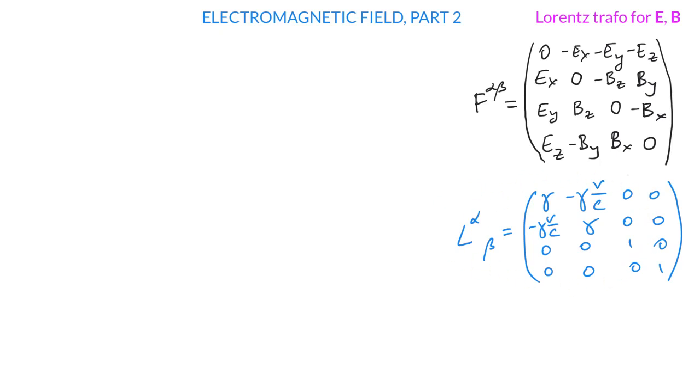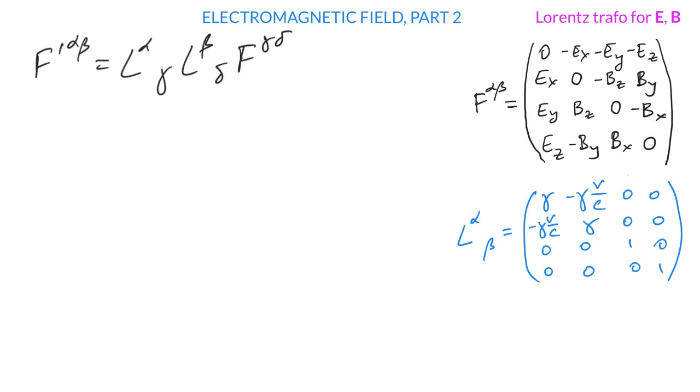So we can simply apply the rule to the field strength tensor and write that F prime alpha beta is equal to L alpha gamma, L beta delta, F gamma delta. This is the transformation rule for any tensor, so all we need to do is compute the sum.